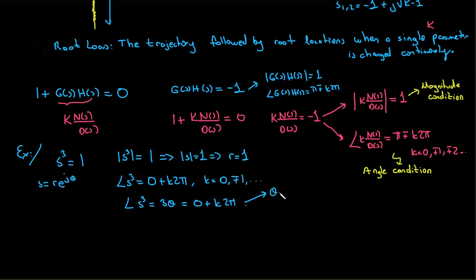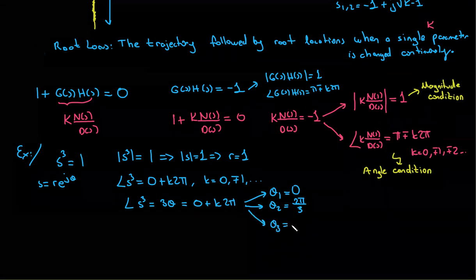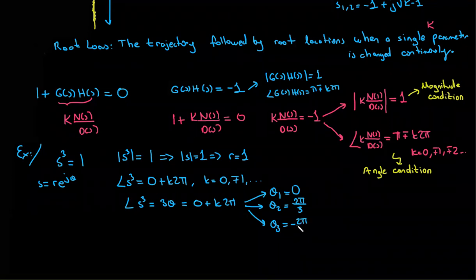What is theta 1, when k is equal to 0? That is equal to 0. What is theta 2 when k is equal to 1? That is equal to 2 pi over 3. And what is theta 3 when k is equal to -1? It is minus 2 pi over 3.